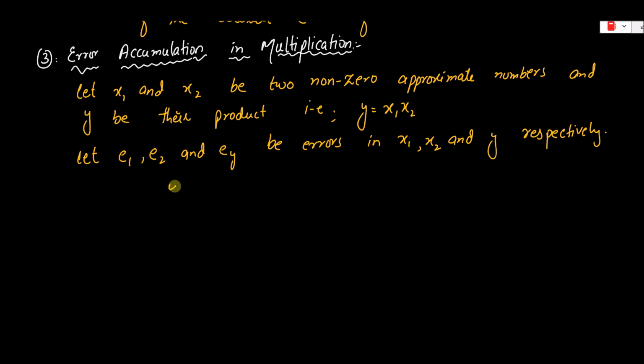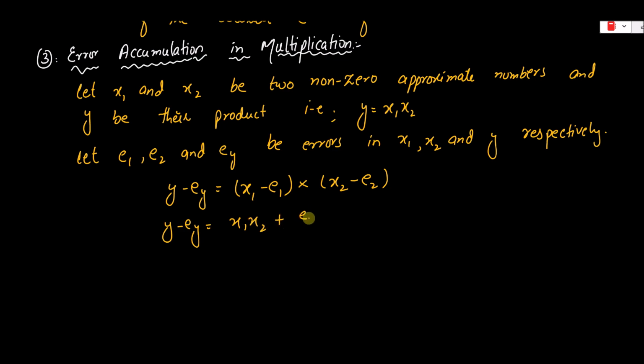So in this case we have y minus ey equals x1 minus e1, and we use the product, that is multiplication, x2 minus e2. So here we are going to multiply each term and open our brackets. First of all we have x1 x2, then e1 e2, then e1 x2, and then x1 e2.